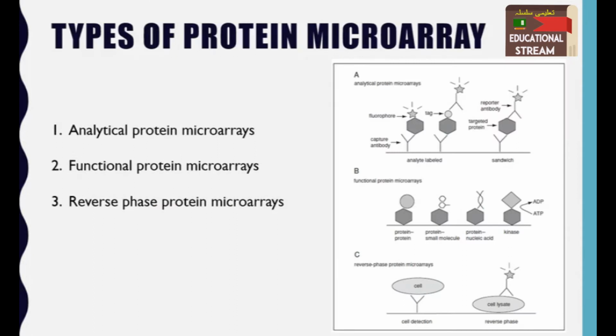Now comes the types of protein microarray. Immunoassays are the first form of protein microarray, and immunoassays, as the name suggests, involve the use of antibodies. So it takes advantage of highly specific antigen-antibody recognition to build a protein detection system.